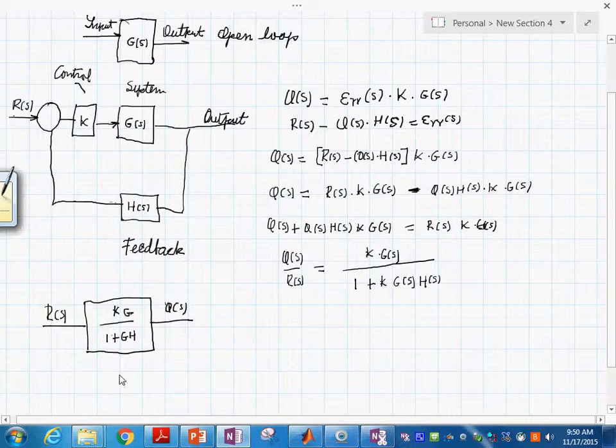So this is the closed loop transfer function.